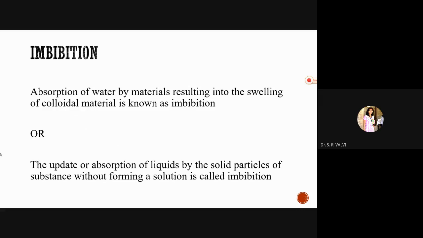The uptake or absorption of liquids by solid particles of a substance without forming a solution. So here no kind of solution is going to form when this phenomenon occurs. For example, take germinating seeds.